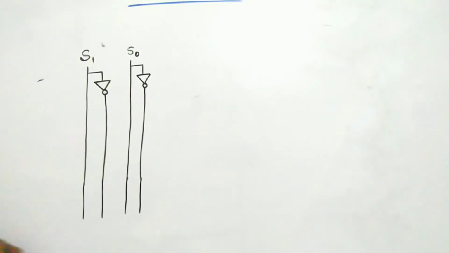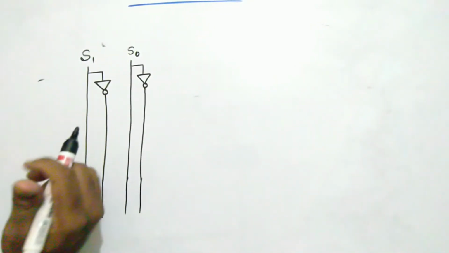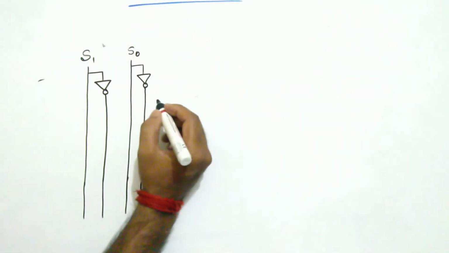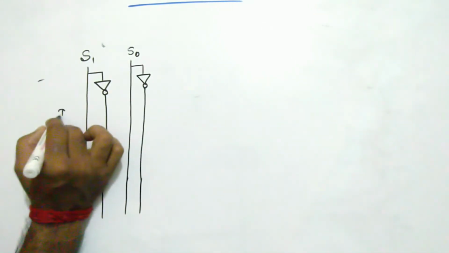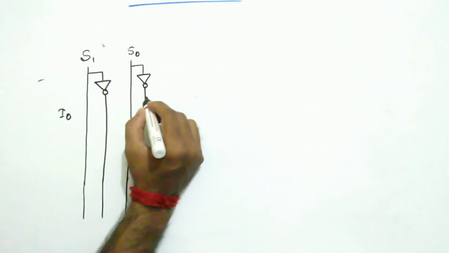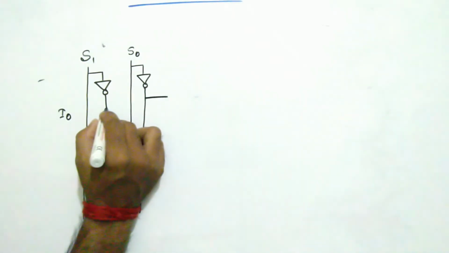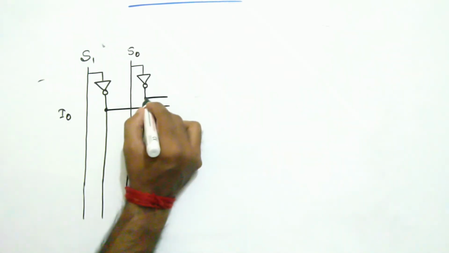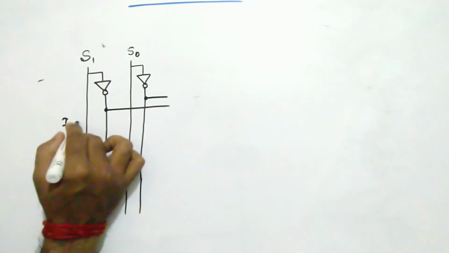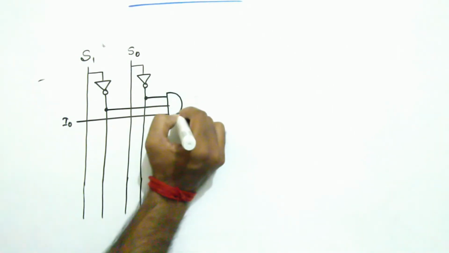Now we have taken two selection lines S1 and S0. We have also made the complements. Now the things we require are the input lines along with the selection lines. The first one is S1 complement S0 complement and the input line I0 that will be fed to an AND gate.